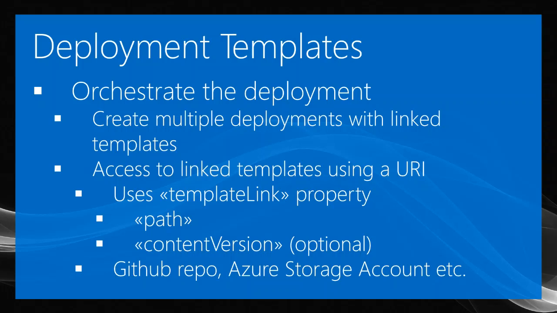And we can also have a content version. This is optional. This just means if you deploy your deployment template, it will check if the resource templates that you defined in the path value are actually existing, if they are available. And if you also define the content version, it will also check the version of the resource template file.